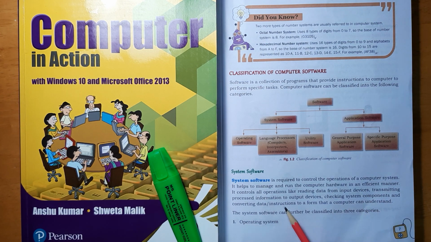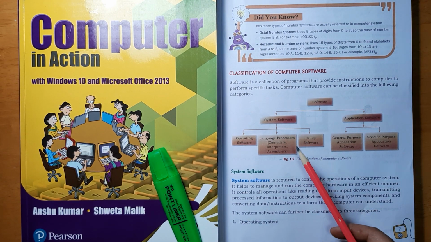It controls all operations like reading data from input devices, transmitting processed information to output devices, checking system components, and converting data or instructions to a form that a computer can understand. That means the machine language or binary language.